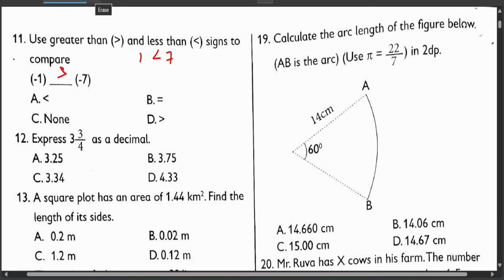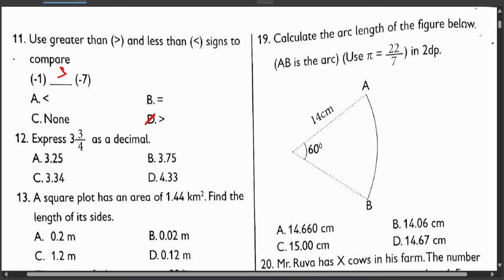When you put the negative sign, negative 1 becomes greater than negative 7, because if you see the number line, it starts with 0, negative 1, then goes to negative 7. This shows that negative 1 is greater than negative 7. So this is the answer.